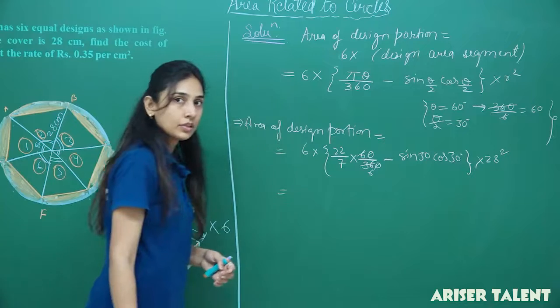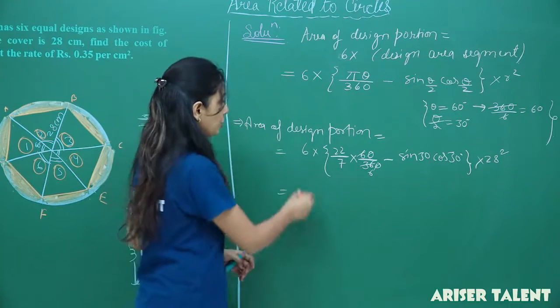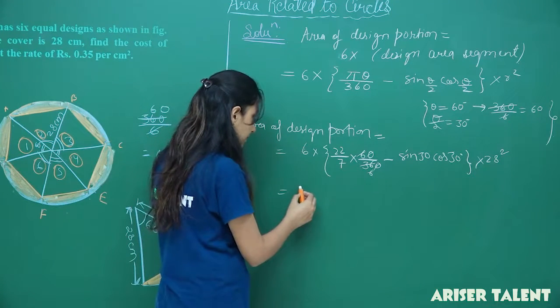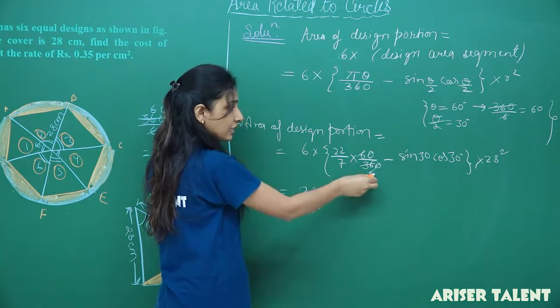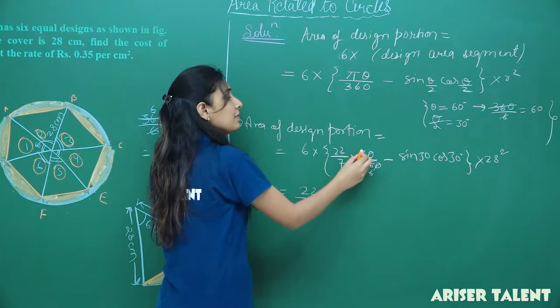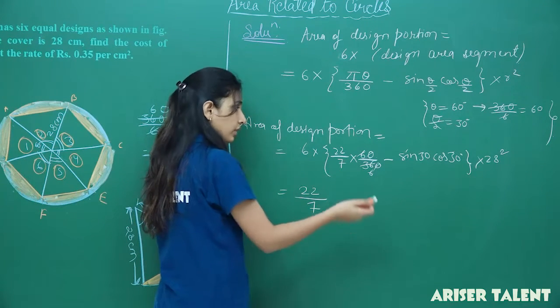6. Okay. So, if I bring that 6 here, it will be cancelled out. Okay. So, I am doing the same, 22 by 7, the 6 will be cut by this. Okay. So, this 6 multiplied by 60 is 360, 360 divided by 360 again 1.